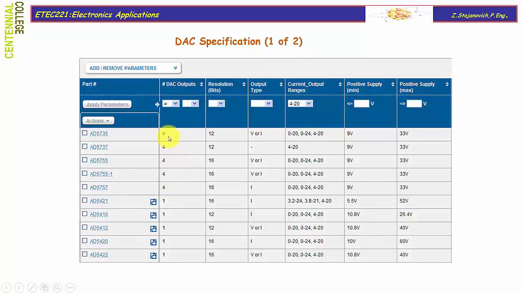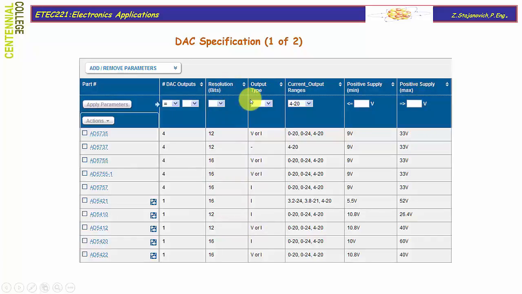That means that chip, let's say AD5735, can handle 4 outputs simultaneously, while those 5 bottom ones have only 1 output. The second column specifies the resolution in bits. You can have anything from 12, 16, 14, 10 bits, and this is of course an indication of the quality of the analog output.